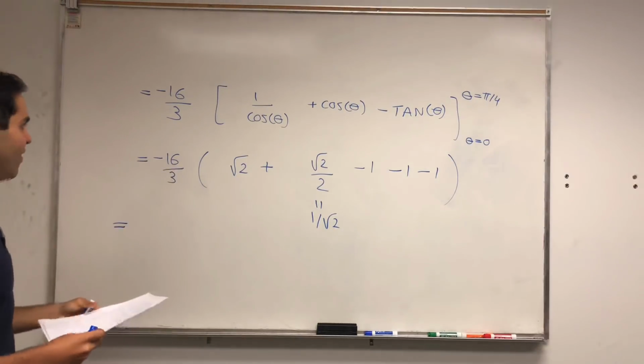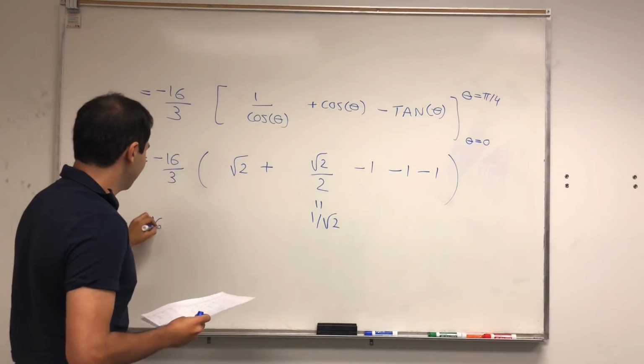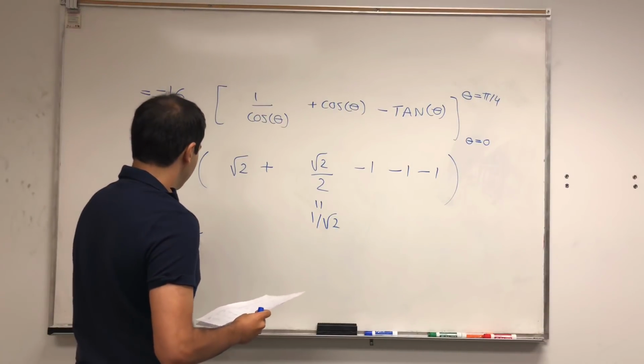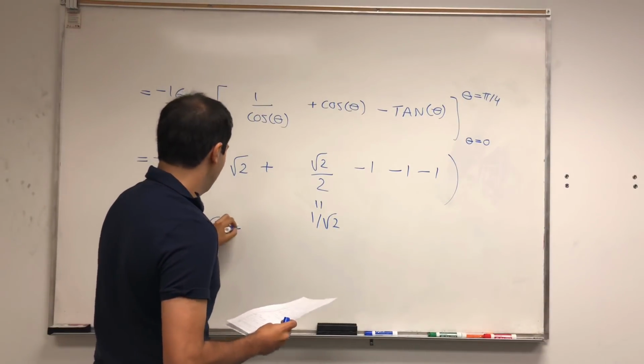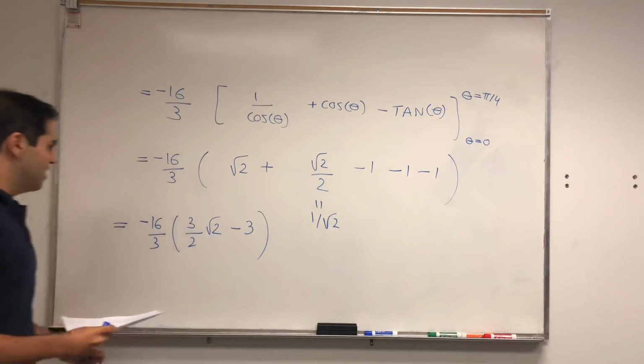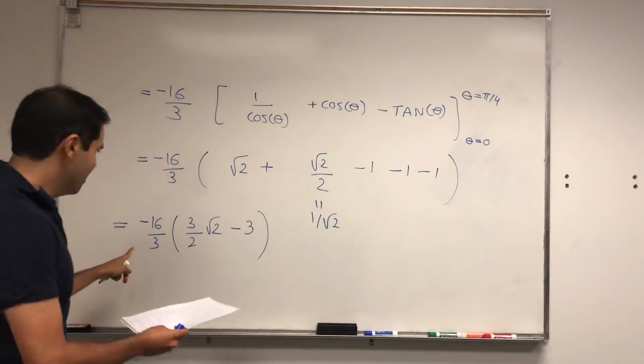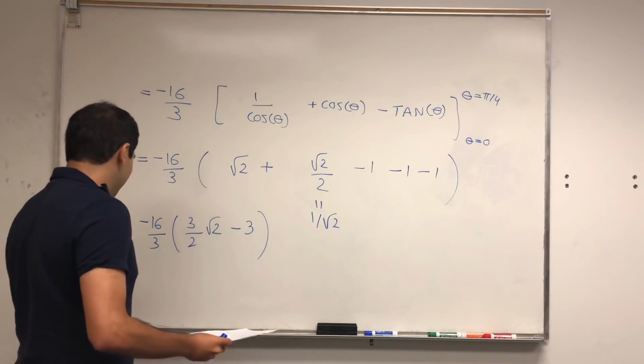And then let's simplify this a little bit. So it's minus 16/3 times 3/2 square root of 2 minus 3. And well, let's simplify this more. So the 3's cancel out.